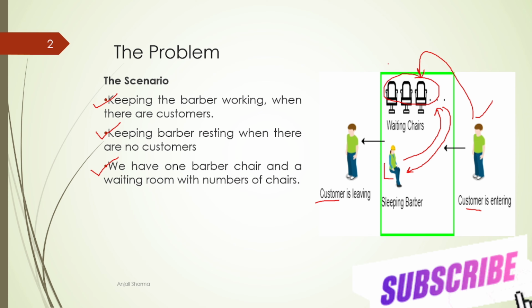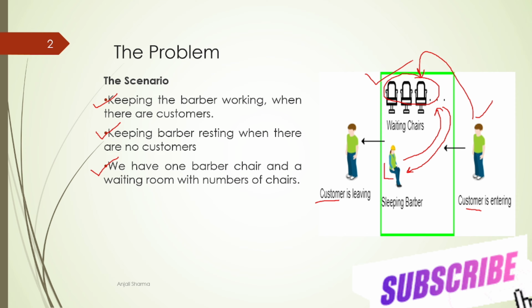One thing we need to understand here is that this is a critical section problem which we are understanding in the form of a story, like the reader-writer problem or the producer-consumer problem. In each scenario we have some shared variables, or shared data, upon which both processes are trying to work. Here the shared variable is the number of free chairs available in the waiting room.